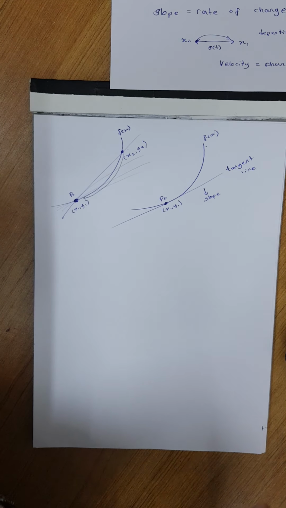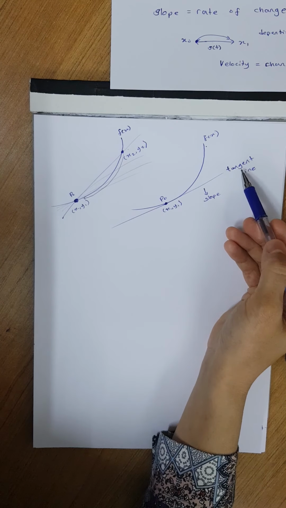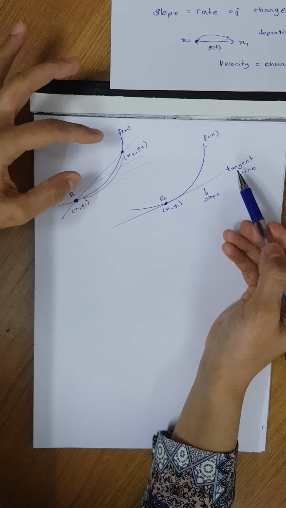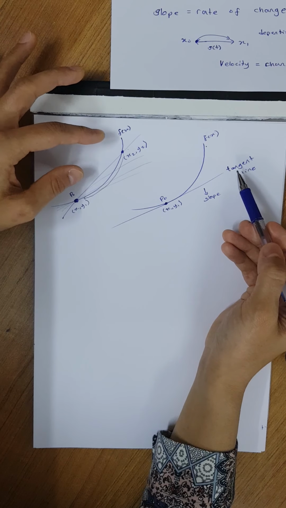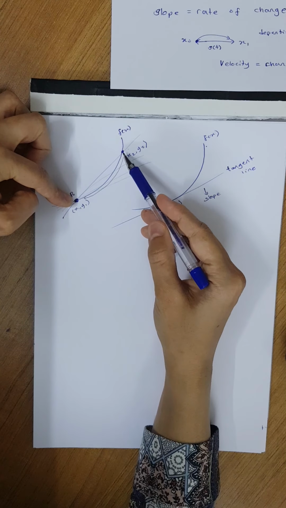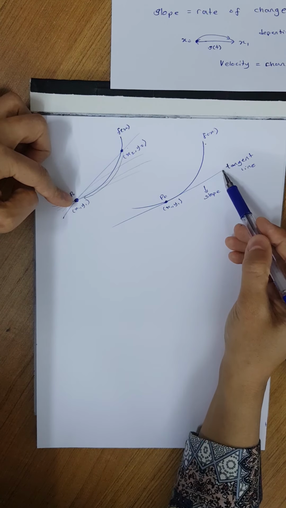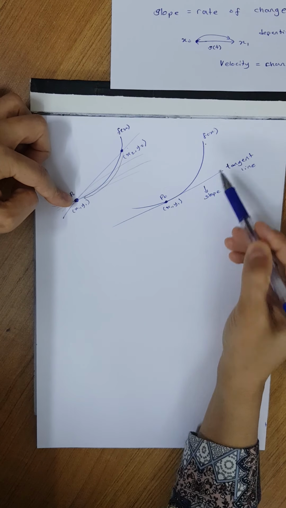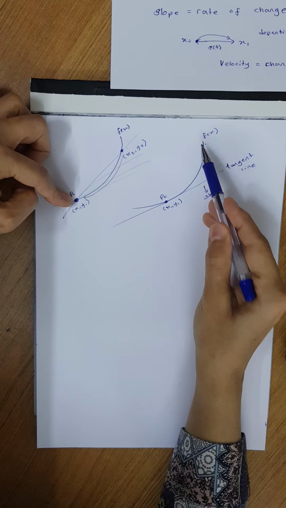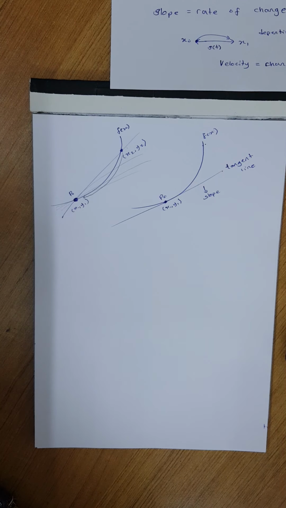What is the relation between rate of change and the secant line and tangent line? When it is required from us to find the slope of that function at a given point, we are changing the secant line into a tangent line. Finding the slope of that tangent line will equal the slope of the function f of x at point p naught. That is the general idea of a slope of a function.